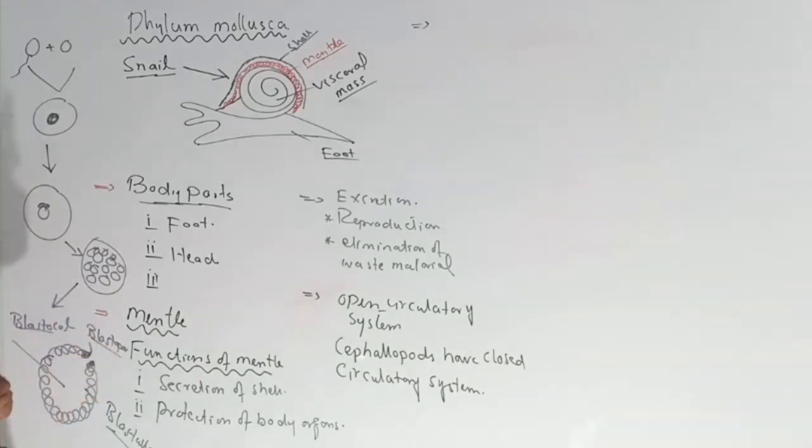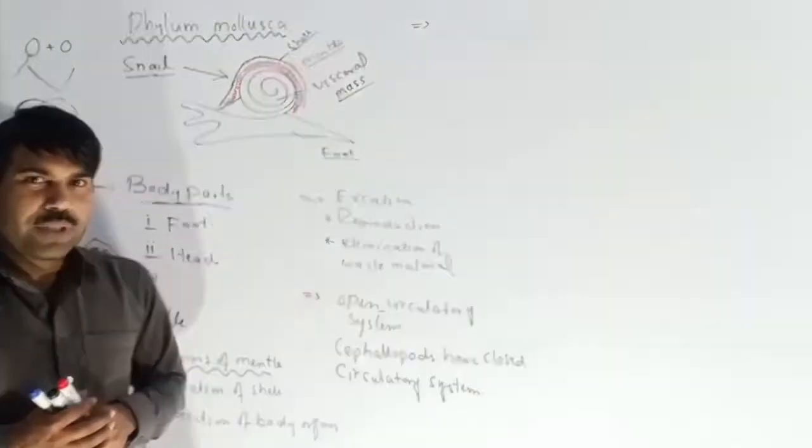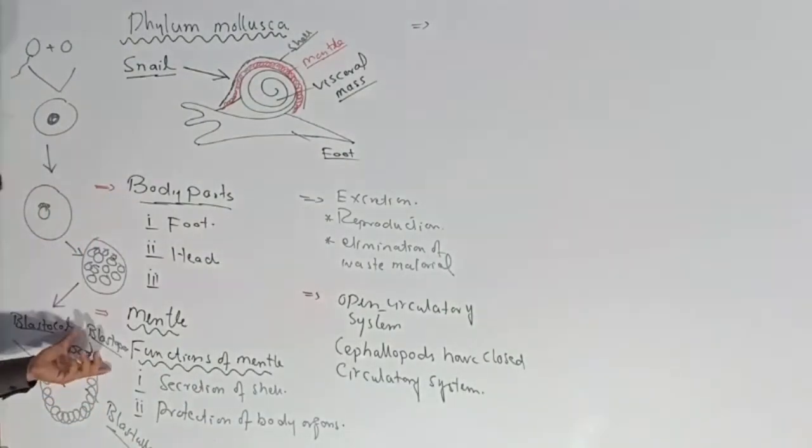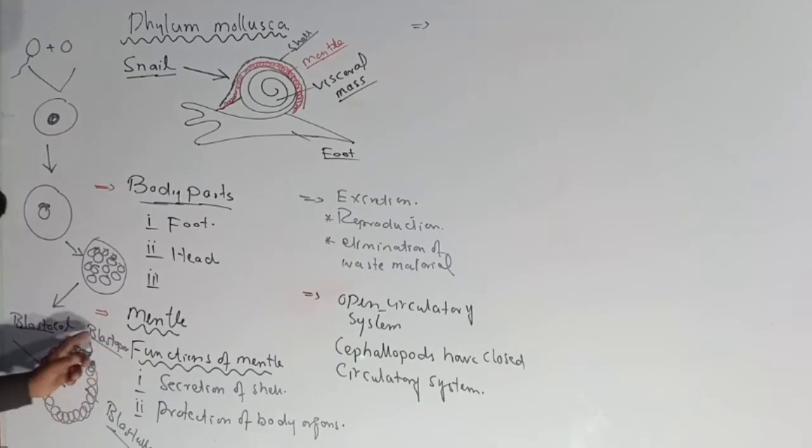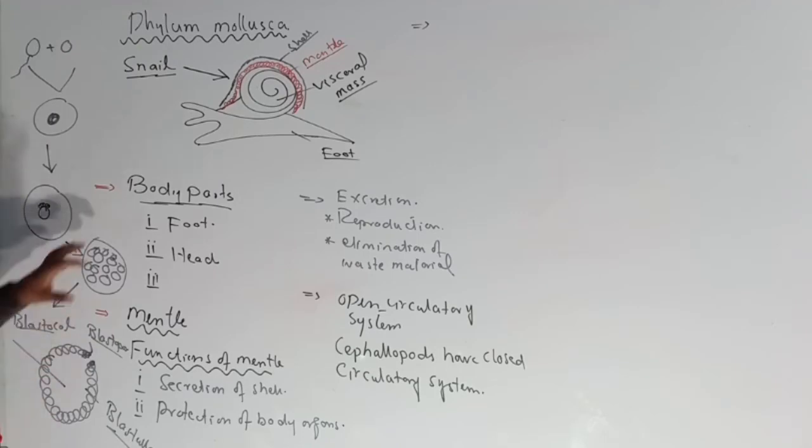Blastopore. So there are two types of animals. The animals whose mouth is produced first from this blastopore are known as protostomes. And the animals in which the anus is produced from this blastopore are known as deuterostomes.